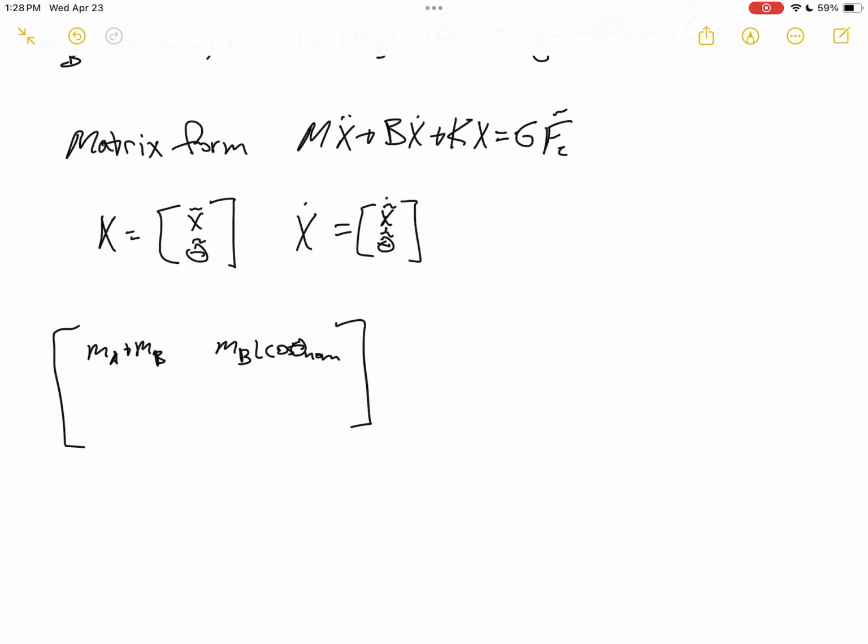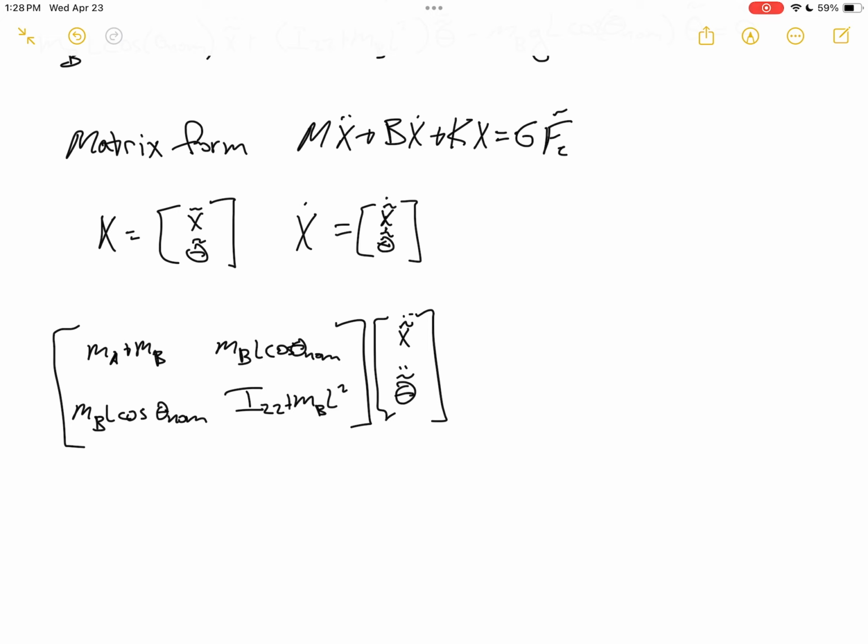On the second row of this mass matrix, m_b l cosine theta nominal is the coefficient on the x tilde double dot, and I_zz plus m_b l squared is the coefficient in front of theta tilde double dot.